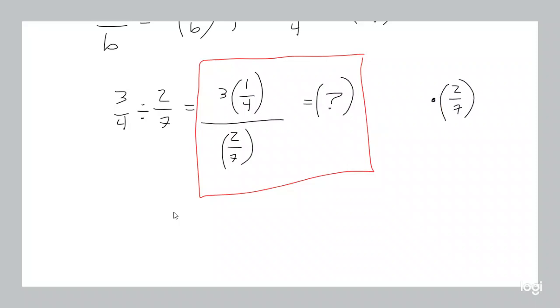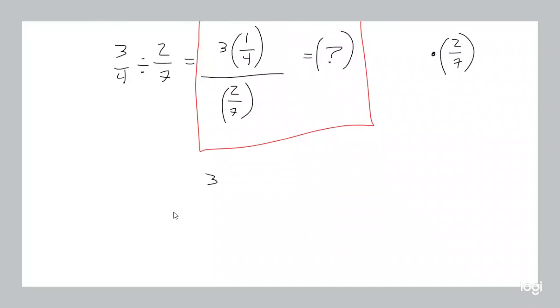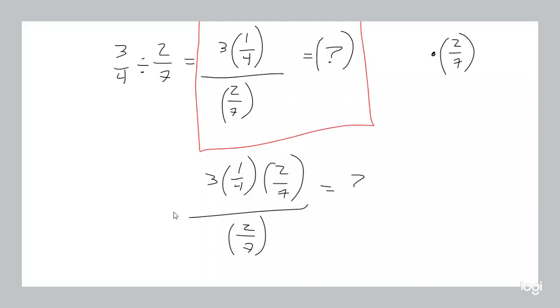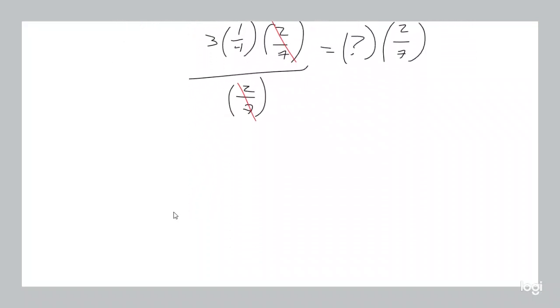And here's what happens. 3 times 1 over 4 times 2/7 divided by 2/7 equals our final answer times 2/7. And these 2/7 on the left side, they cancel out. Whatever 2 divided by 7 is, you're multiplying and you're dividing by it. Anything divided by itself is 1. Multiplying by 1 doesn't change anything, so it cancels out.